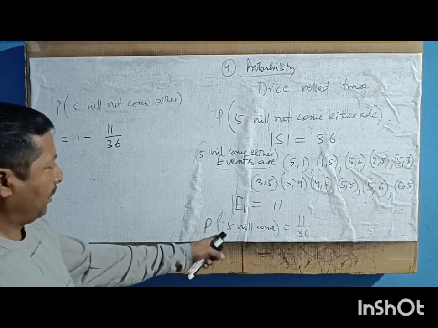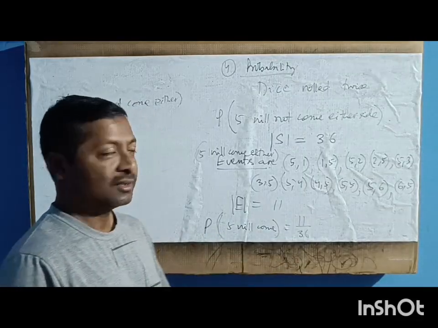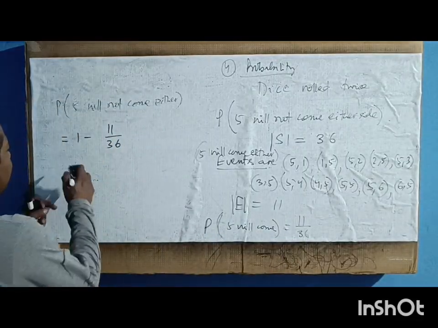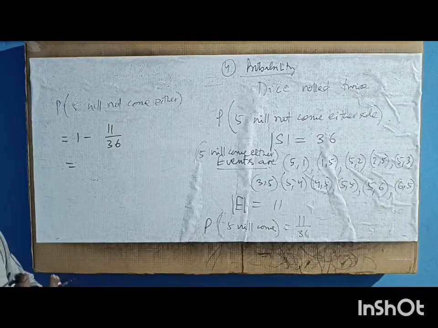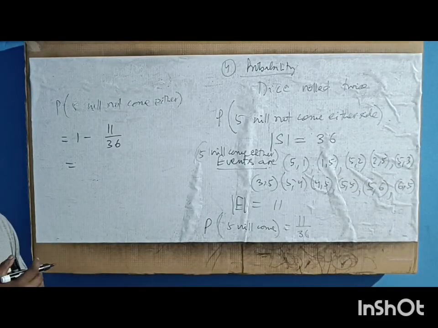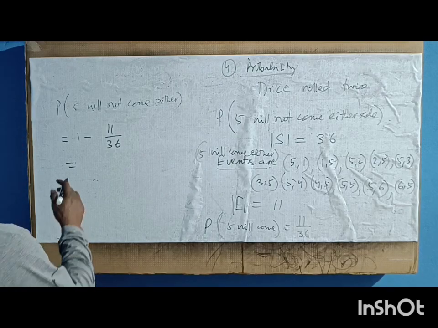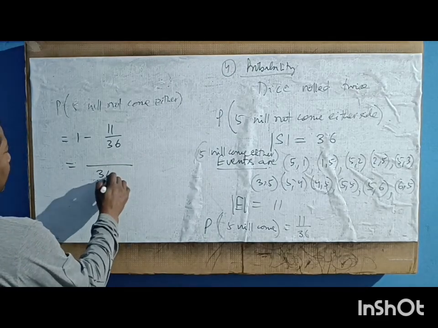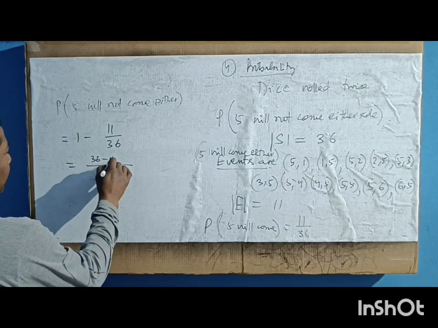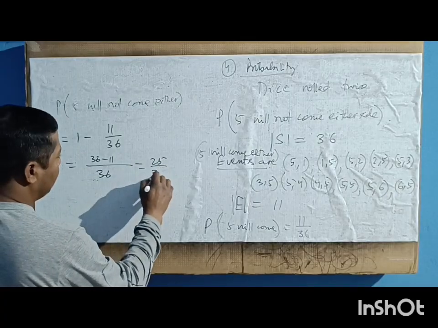If 5 will come is 11 by 36, then 5 will not come is 1 minus 11 by 36, because the total of all events is 1 as a whole. So 36 minus 11, this is 25 by 36. This is the answer.